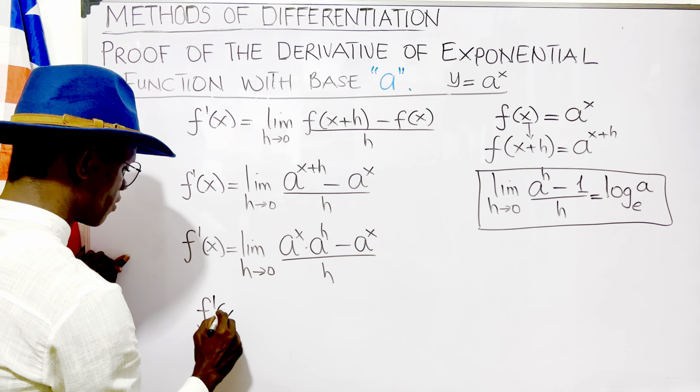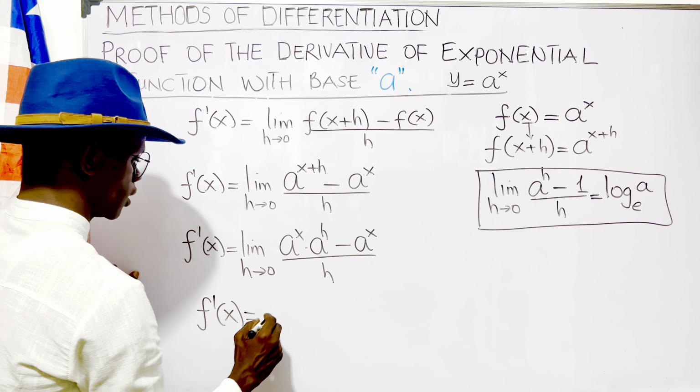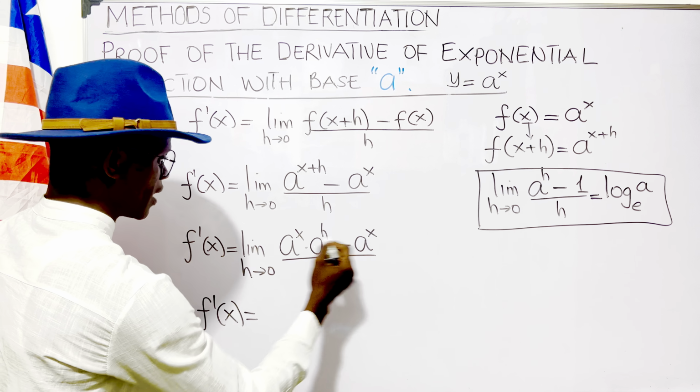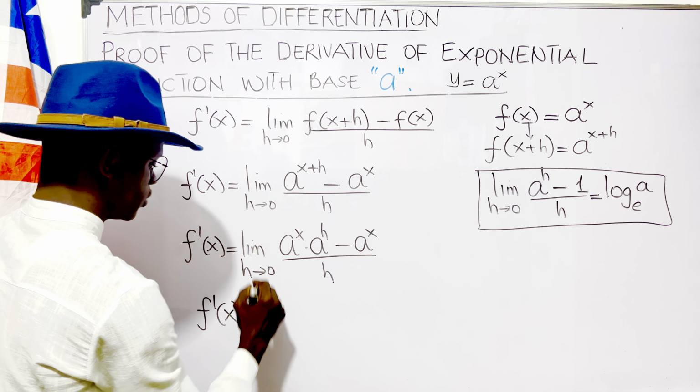We have f prime of x equals a raised to the power x, which we factor out in front of this limit. We'll be left with the limit of a raised to the power h minus 1, divided by h, as h approaches 0. So what happens? This entire expression is just a raised to the power x times log base e of a.